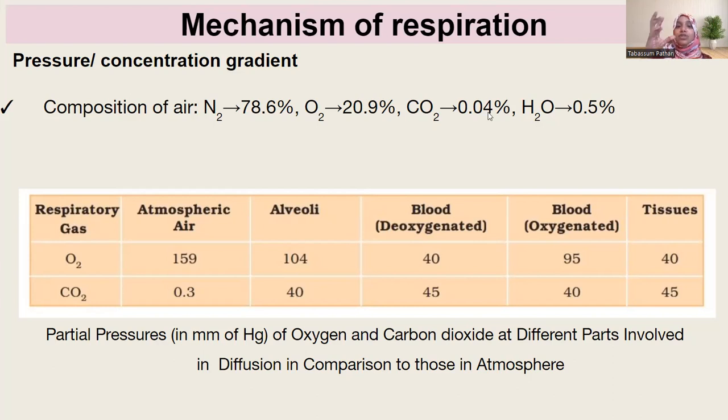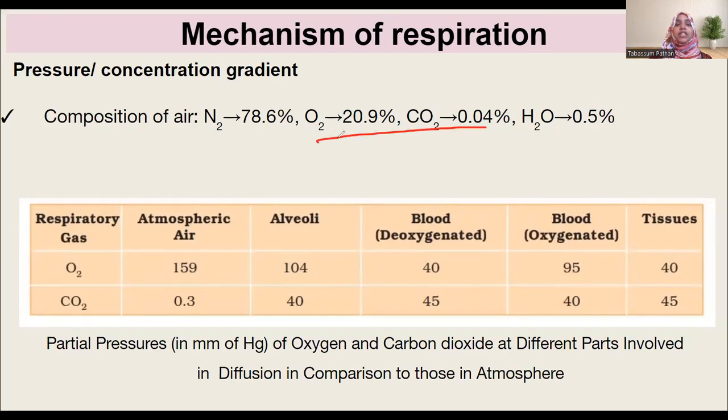But how only oxygen is taken, because oxygen is required by the body, so the body is accustomed to, out of oxygen and carbon dioxide, which is in more concentration, oxygen. Okay, so as you can see, atmospheric air, respiratory gas, we will focus only on oxygen, carbon dioxide. Oxygen is way higher as compared to carbon dioxide.